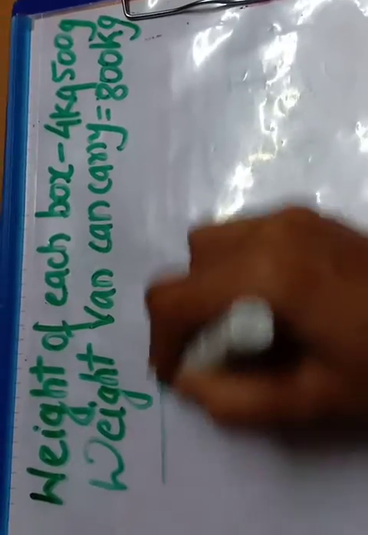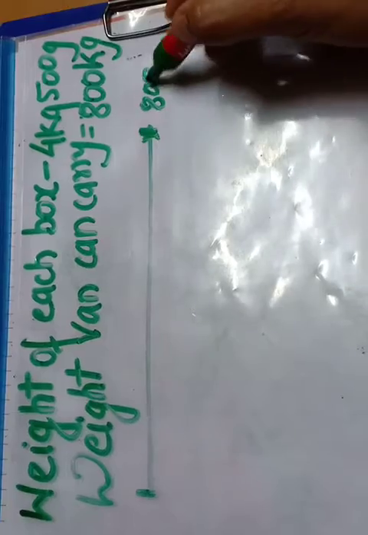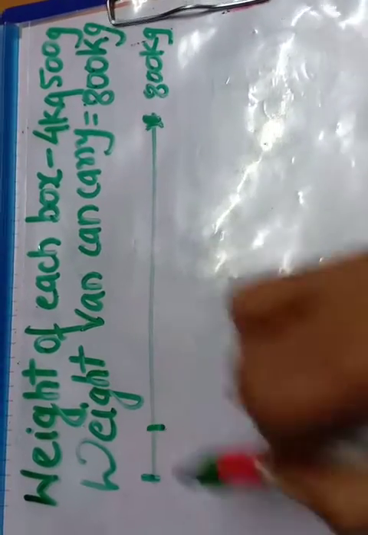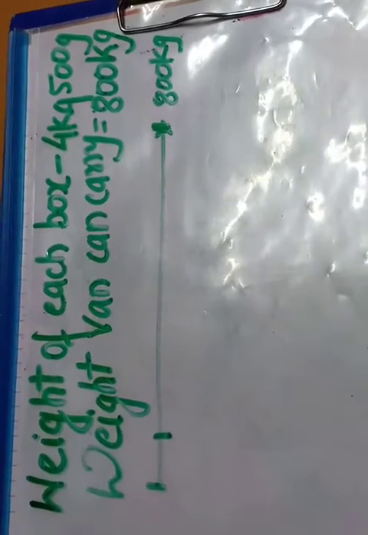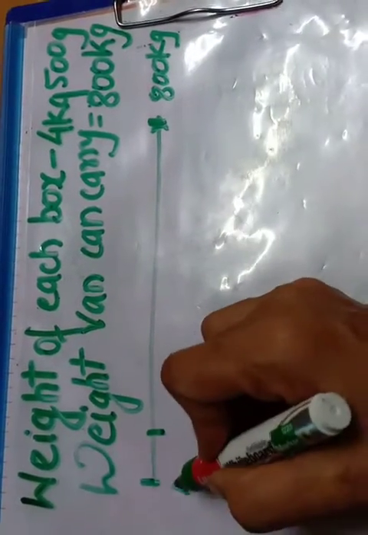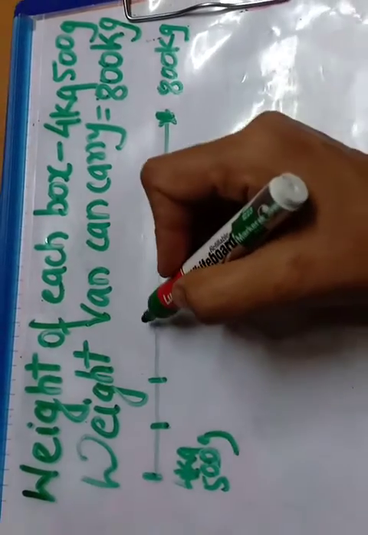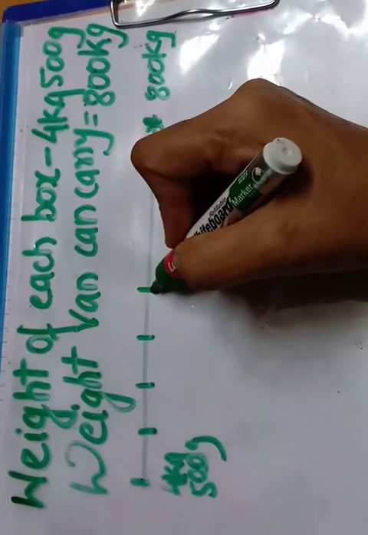Okay, so suppose this is the total weight that we have loaded in the van, that is 800 kg, and the weight of each box that we load in the van is 4 kg 500 grams. 4 kg 500, 4 kg 500, 4 kg 500.